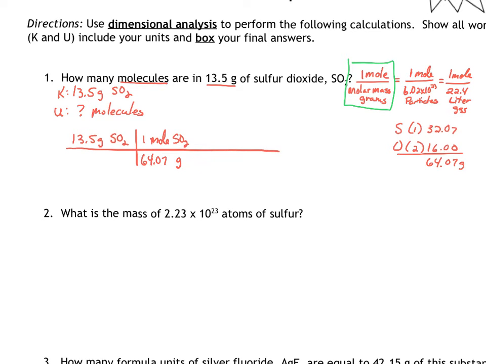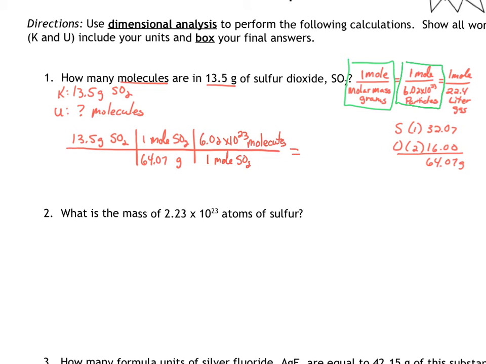Now remember, we were looking for how many molecules, so I'm not done with this yet. I've got mole on the top, so I need mole on the bottom. The next conversion factor is this one, but I need to make sure that my units are matching up. So I'm going to put 1 mole SO2 on the bottom, and 6.02 times 10 to the 23rd. In this case, it's going to be particles, and molecules is our particle.